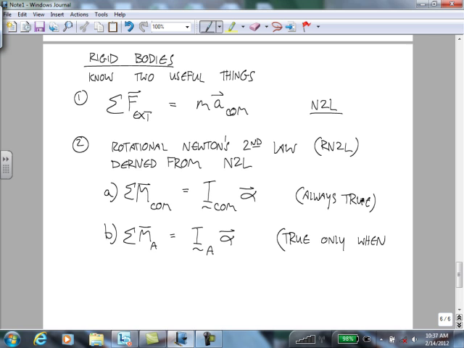And this is true only when A is a point on the body that's fixed in your coordinate system.